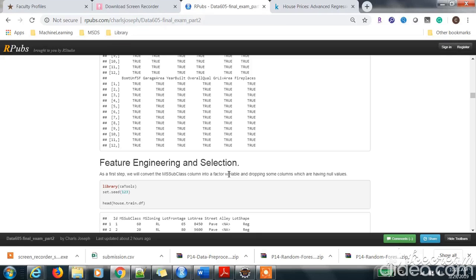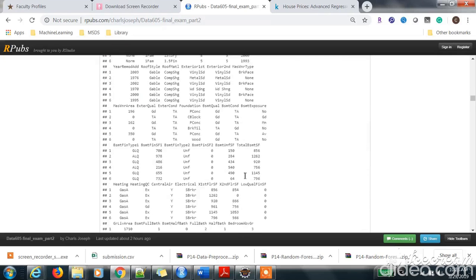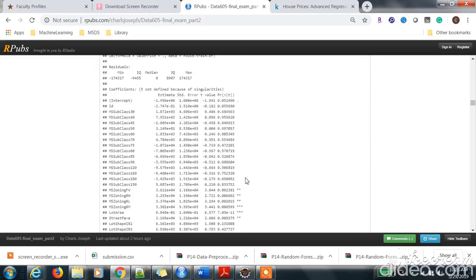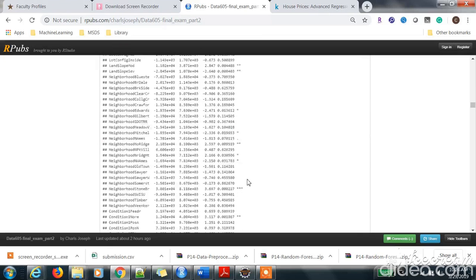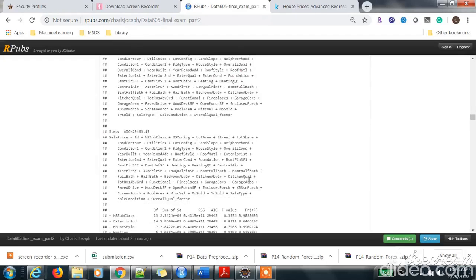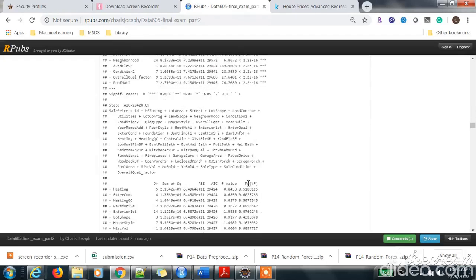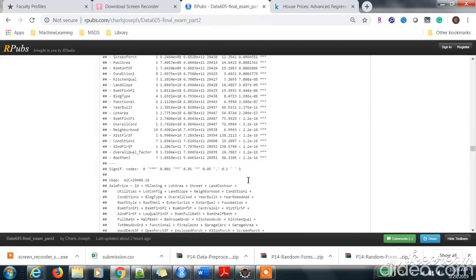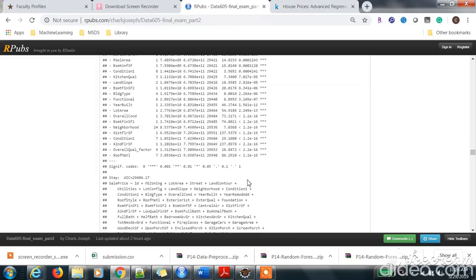From the correlation matrix we found a few of them, but here we are using a backward elimination process to remove some of the non-significant features from the training data set. It's quite an intensive, iterative process.